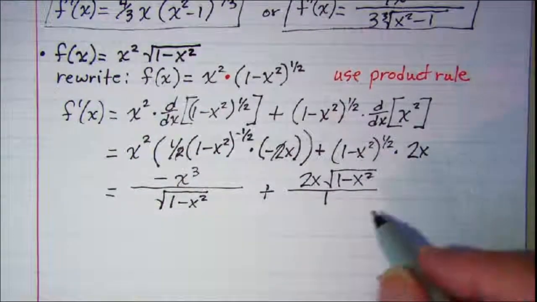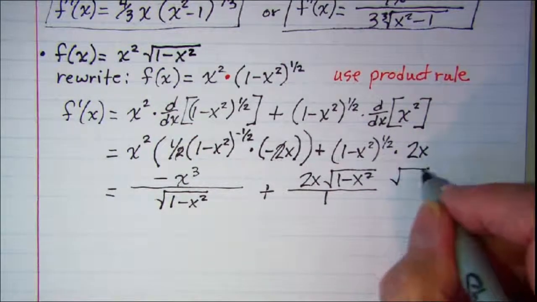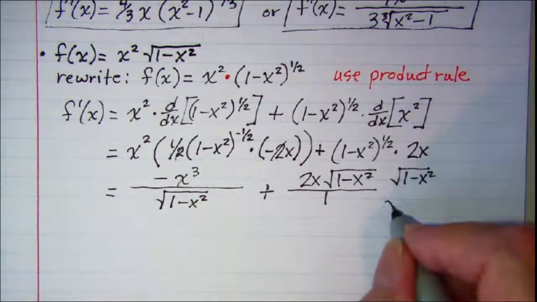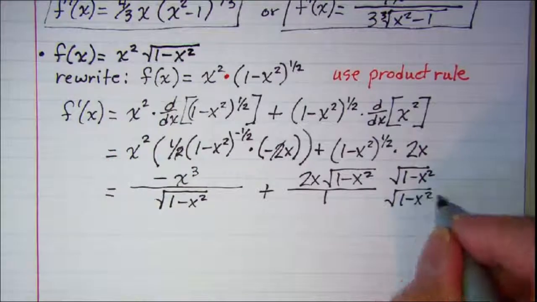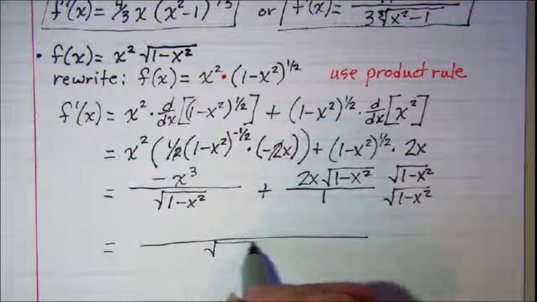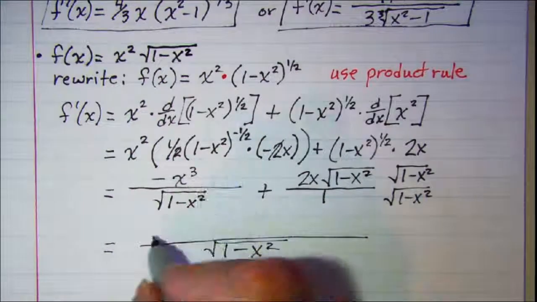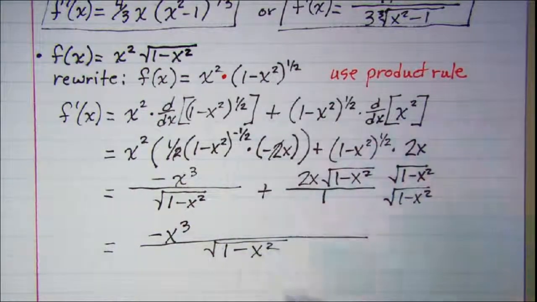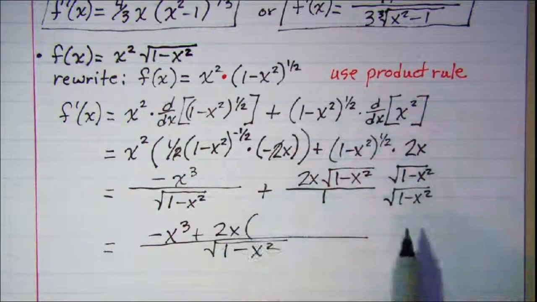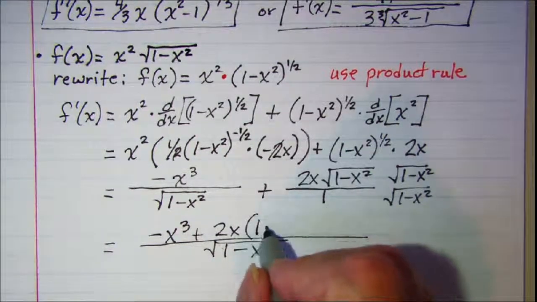So I need to get a common denominator so I can put these two terms together. I'll multiply top and bottom of this fraction by the radical 1 minus x squared. So now my denominator is square root of 1 minus x squared, and here I have a negative x cubed plus, and then 2x is multiplied by, when you multiply a radical times itself, you just have the radicand.